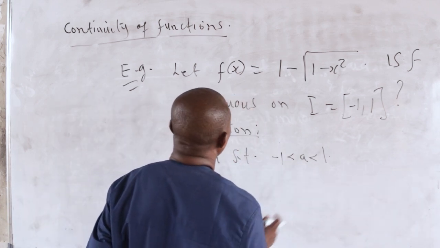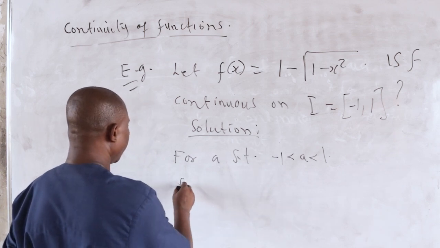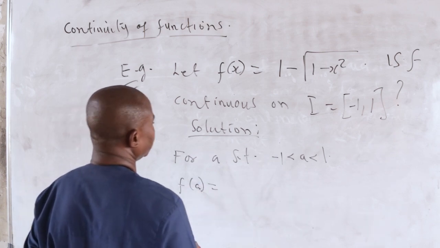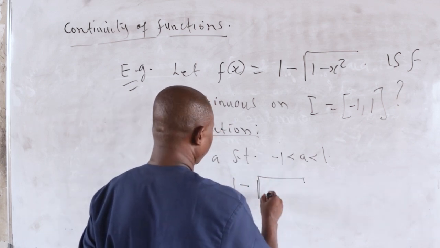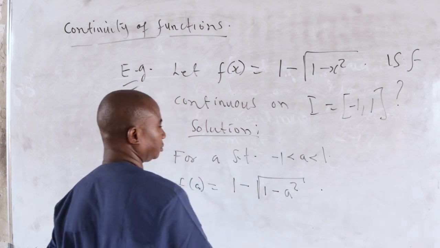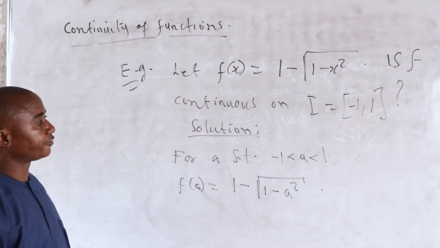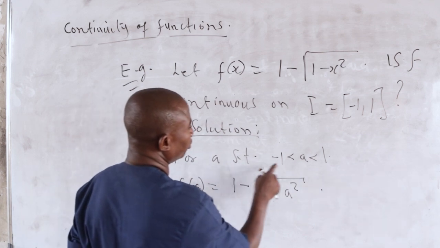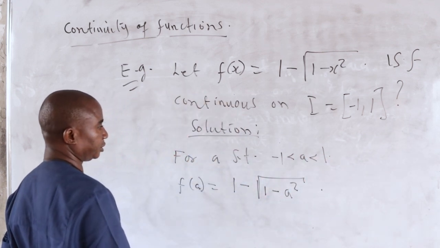If this is true, who is f of a? Our f of a is nothing but 1 minus the square root of 1 minus a squared. That is what we shall get if we evaluate f at the point a, where a lies in this interval. Alright.